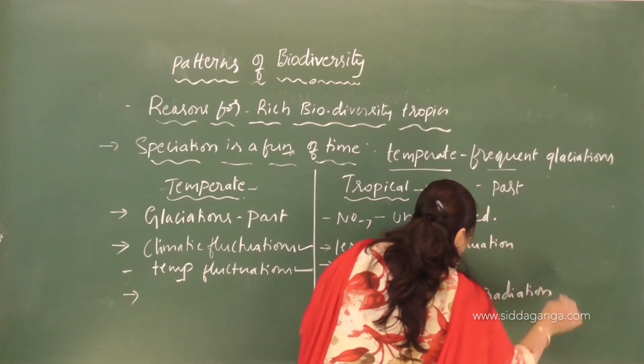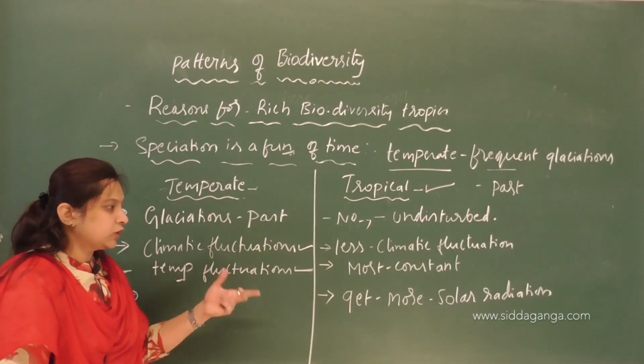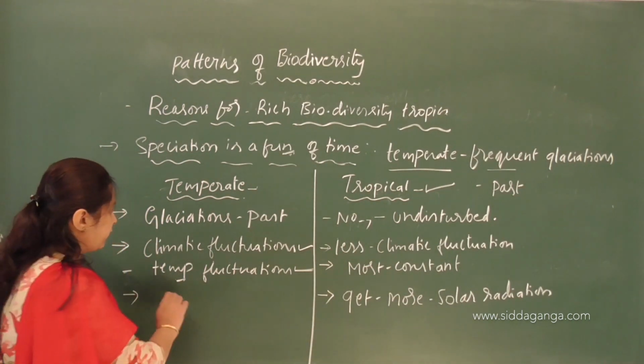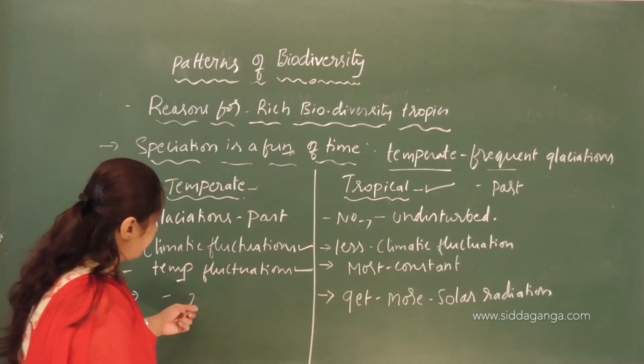They get more solar radiation as they are towards the equator, compared to the temperate areas. It is less here.